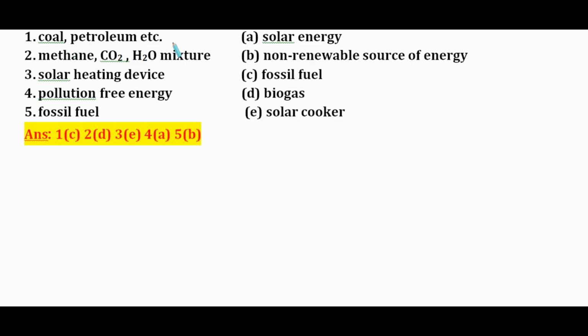Next, coal, petroleum, they are fossil fuel. Methane, CO2, H2O mixture, they are found in biogas. Solar heating device, it is solar cooker. Pollution free energy, it is energy of sun, that is solar energy. Fossil fuel, they are non renewable source of energy.